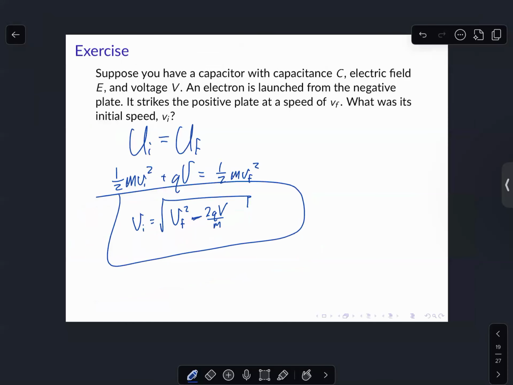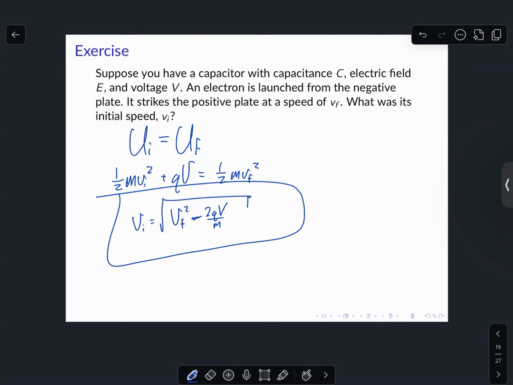All right, do you have this formula? Question before I give you the next slide. Well, I would use a negative charge, or I would subtract a negative number, if my reasoning tells me that I started faster and ended slower.